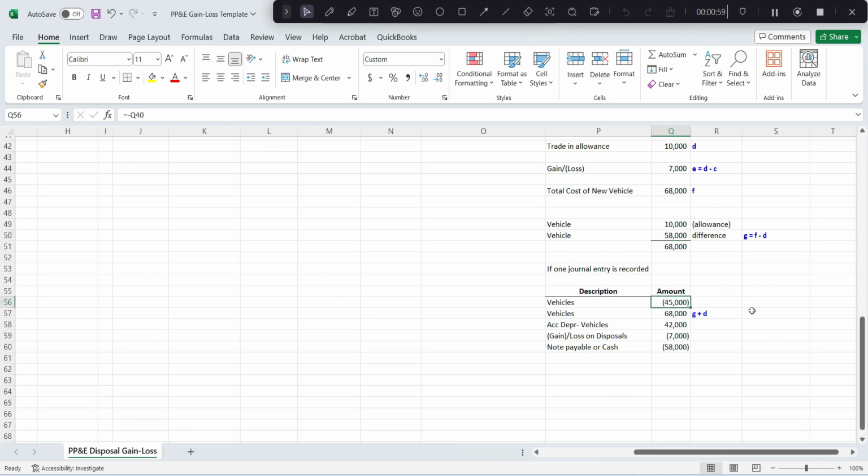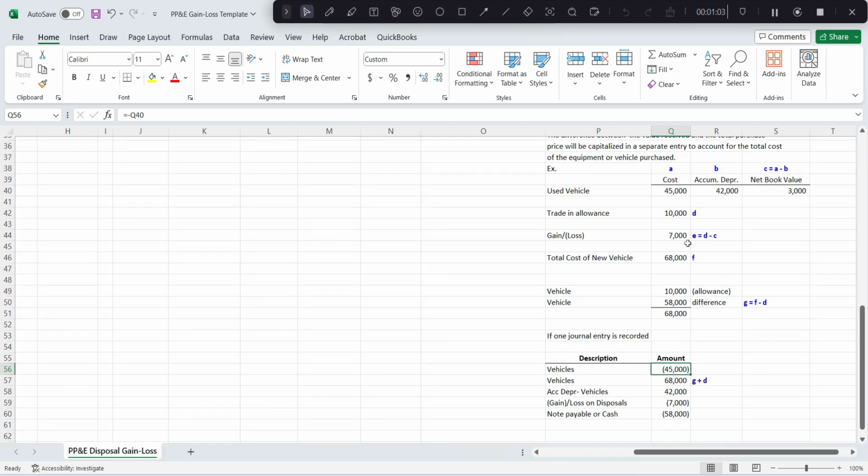So vehicles, credit $45,000, getting rid of the old truck. You debit $68,000. Notice we don't debit $58,000. $58,000 is the new price, right after the allowance, but there's still $10,000 in cost there. So you book the original cost, ignoring the allowance.